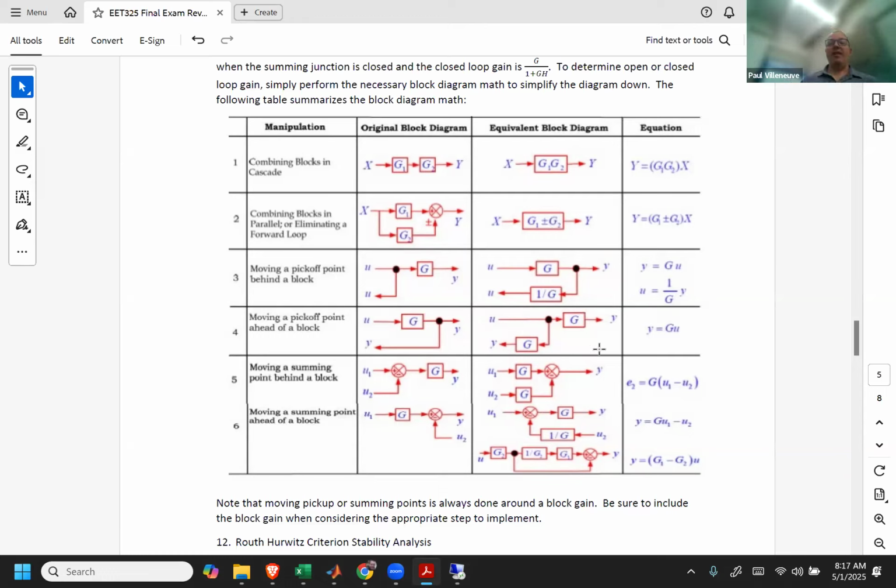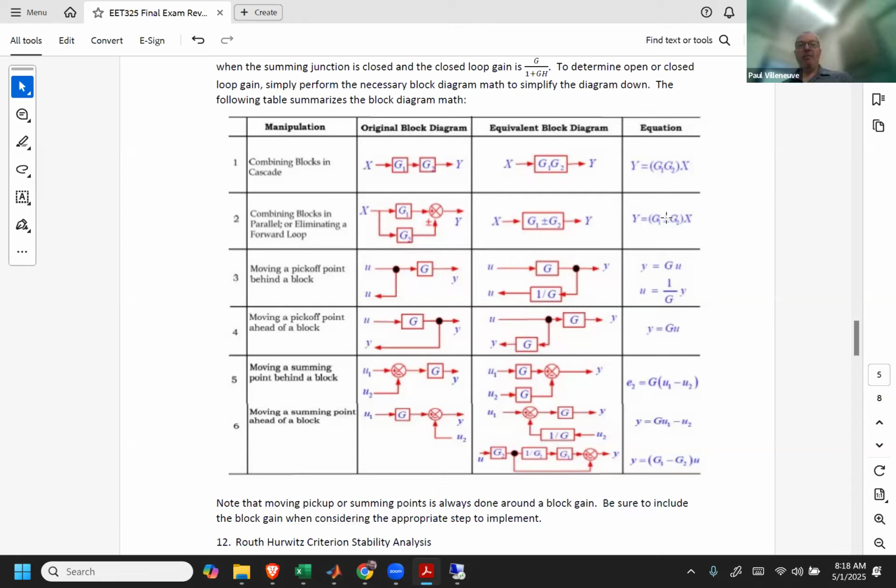It really is just here. And the reason, again, is when we have a block diagram of a system, that can be a very complicated system. We're trying to either get the open loop gain or the closed loop gain of a system. So we need to combine those blocks into very simple basic blocks. And so this is the math to convert those way more complicated systems into much easier systems.